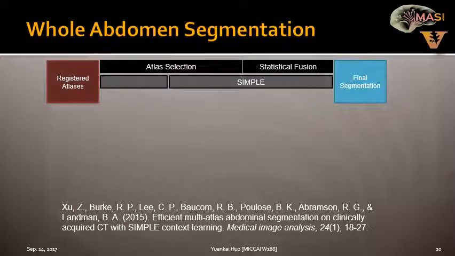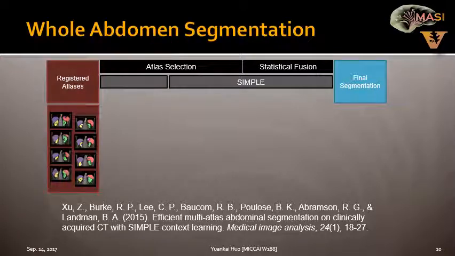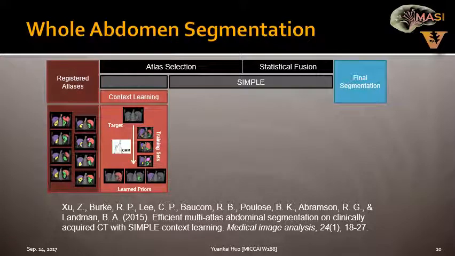In detail, the simple method was used to perform both atlas selection and the label fusion. First, we do the registration to register each atlas to the same target image. Then we do the context learning. Basically, we want to learn some rough prior of where each organ is.